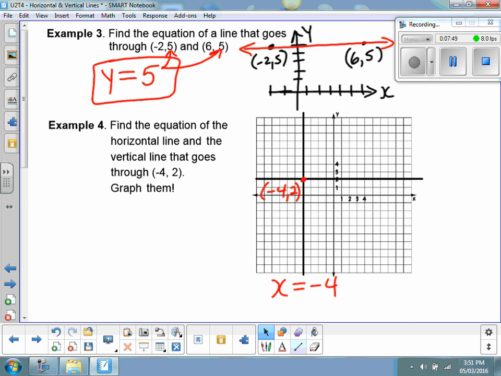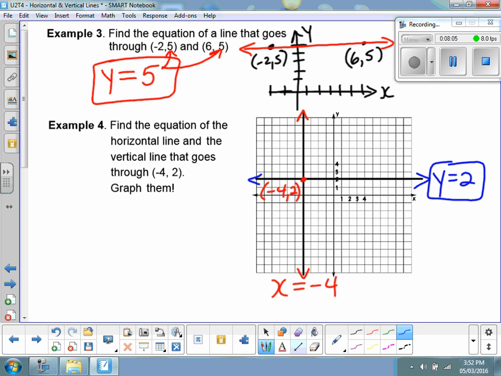So x equals -4 is this line here. And the horizontal line is cutting through the y-axis at 2. So there's the equation of the horizontal line, y equals 2. There is the equation of the vertical line. Okay?